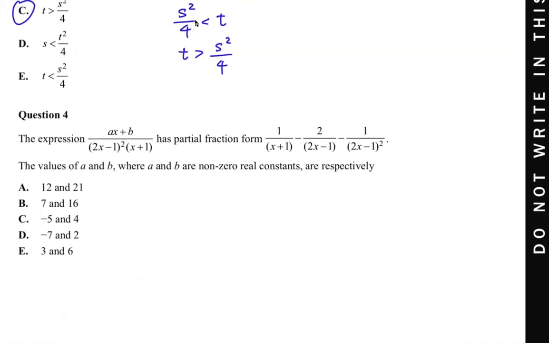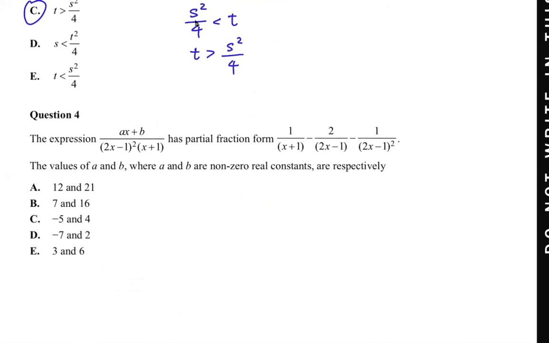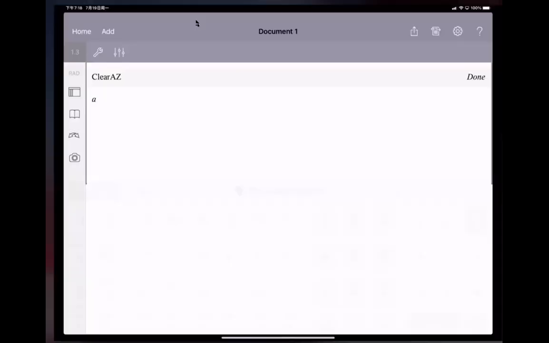Question 4. The expression ax plus b over 2x minus 1's whole thing squared times x plus 1 has a partial fraction form. All right, 3 pieces. We want to find the values of a and b. So instead of doing the partial fraction decomposition, I'm actually combining the 3 terms back into this form.